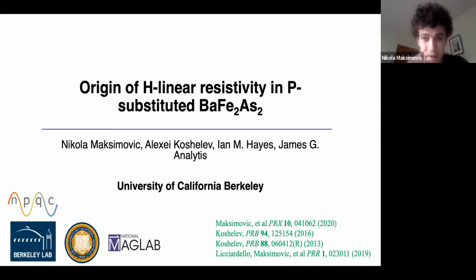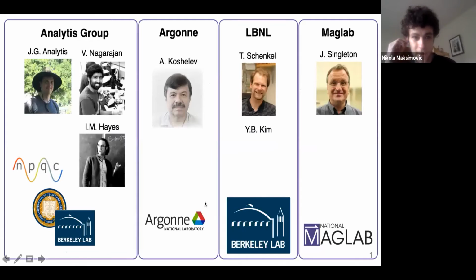So I will mainly be talking about the magnetoresistance of the phosphorus-doped barium-122 series. I want to give a special shout out to my collaborators first. I'm a graduate student in James Analytis's group, so special shout out to James.